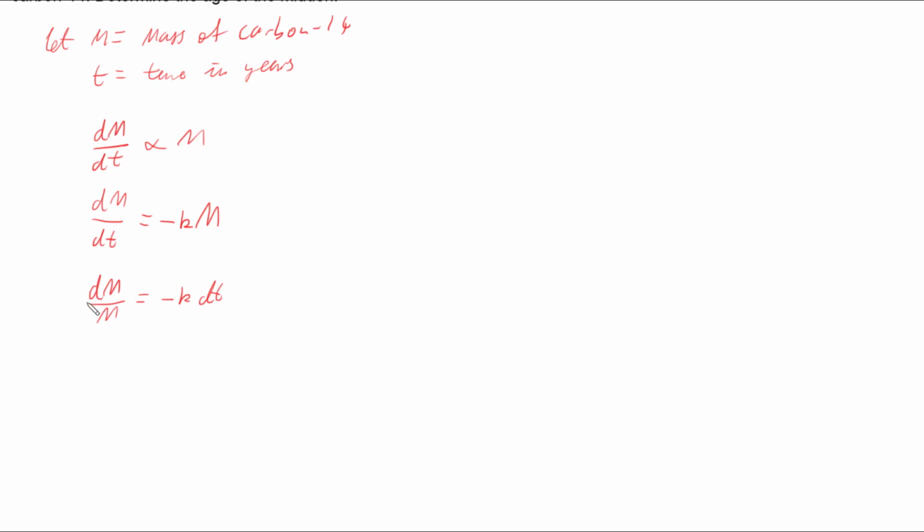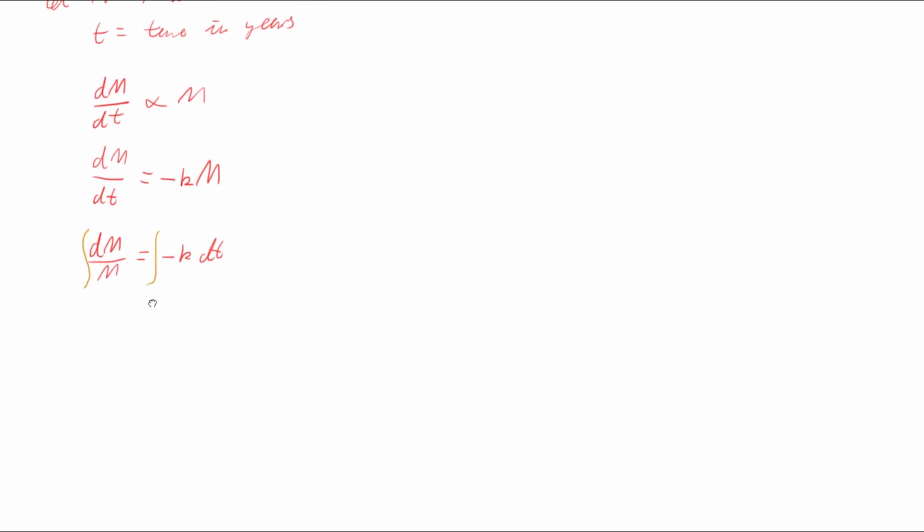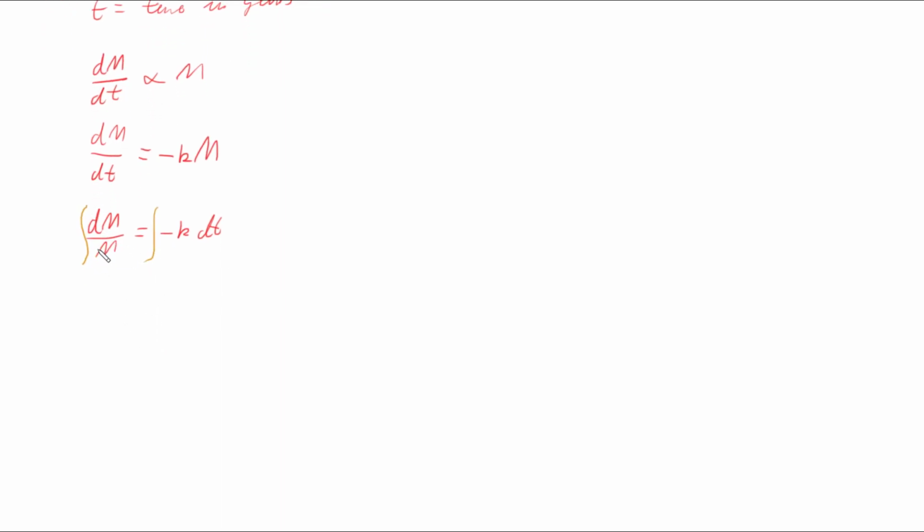Now to solve the differential equation, we're going to integrate both sides. The integral of 1 on M dM is ln of M, and the integral of negative k with respect to t, well, k is just a constant, so it's negative kt, but we're also going to have a constant plus c.